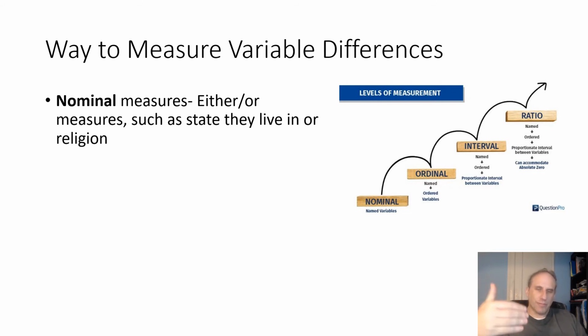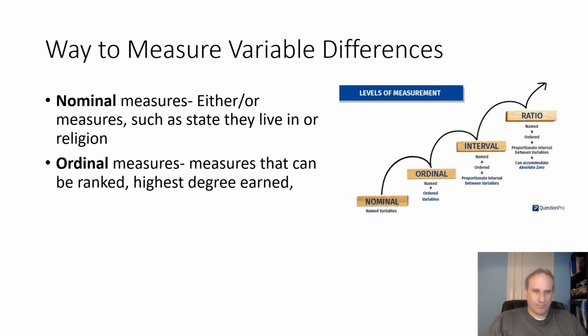People may travel, but people at some level have what their home base is. There are ordinal measures. These are ones that can be ranked, where they're different, but one is considered a successor to the other, higher than the other, say the highest degree earned. We consider a college degree something you get after a bachelor's degree, a master's degree something you get after the college degree, and so on.